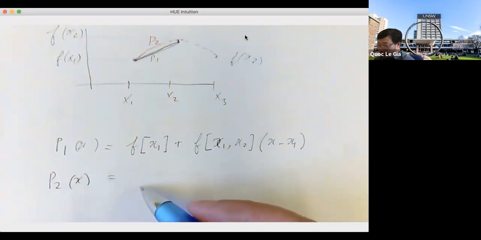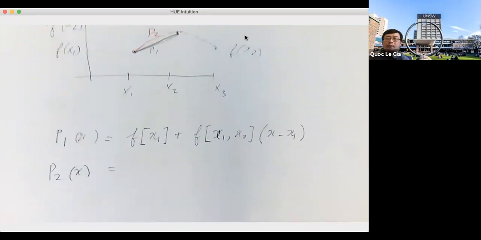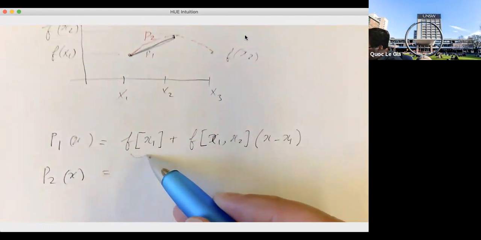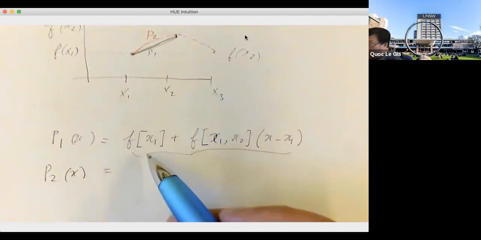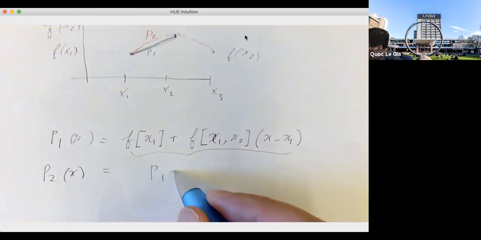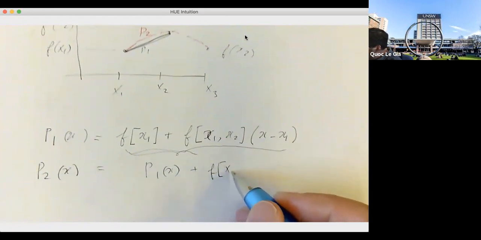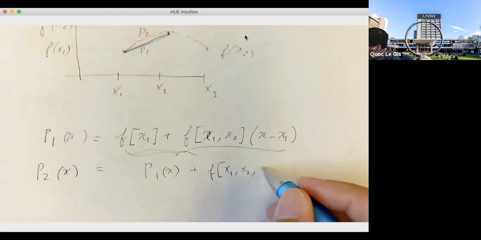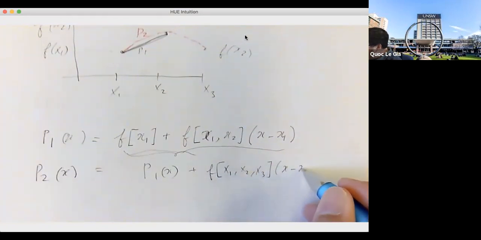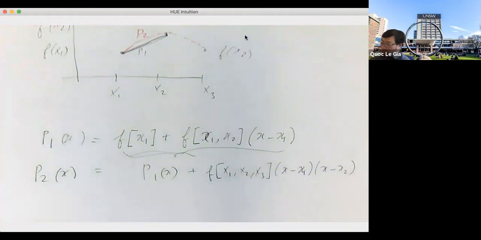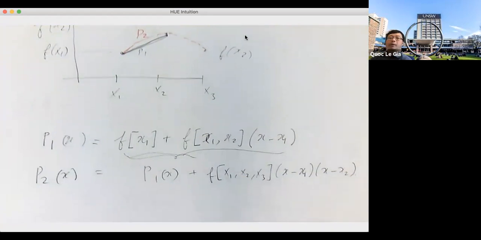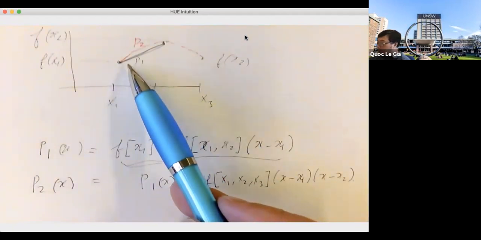If I write it in terms of divided differences, I will have those two terms first, so I get P1(x), plus the next term, which is the divided difference over the 3 points x1, x2, x3 times (x minus x1)(x minus x2). That is the first two equations.